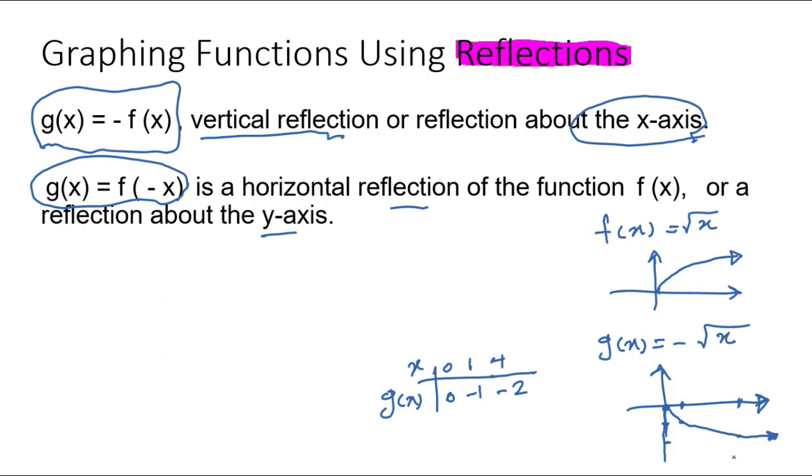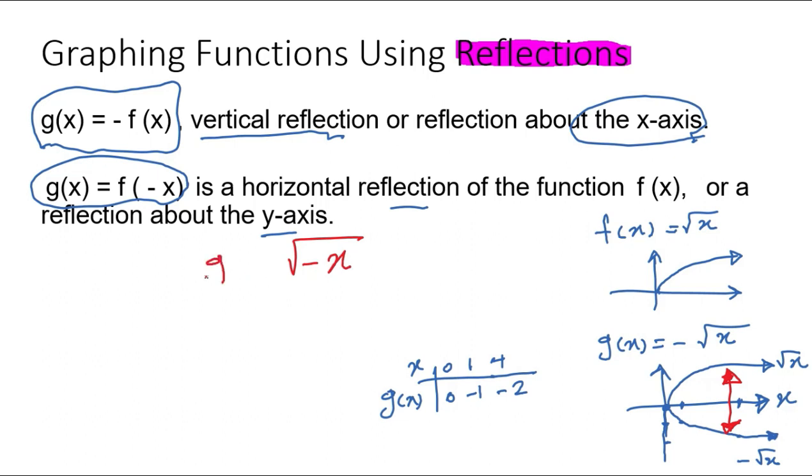So this is negative square root of x, and this was square root of x. It was reflected across the x-axis. Also we call it vertical reflection. It was vertically reflected.